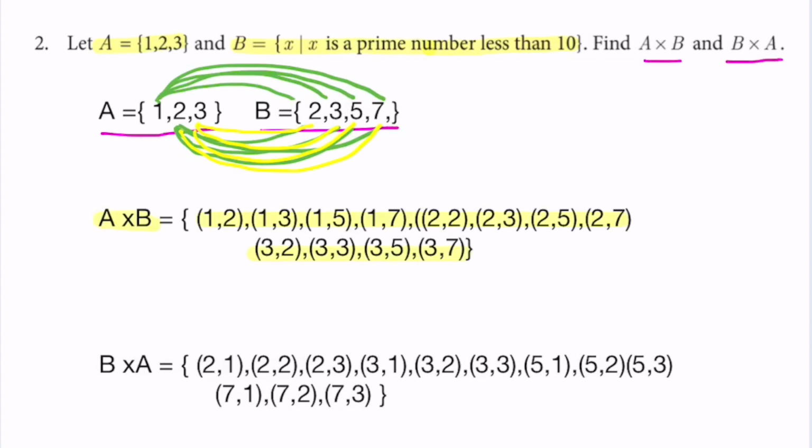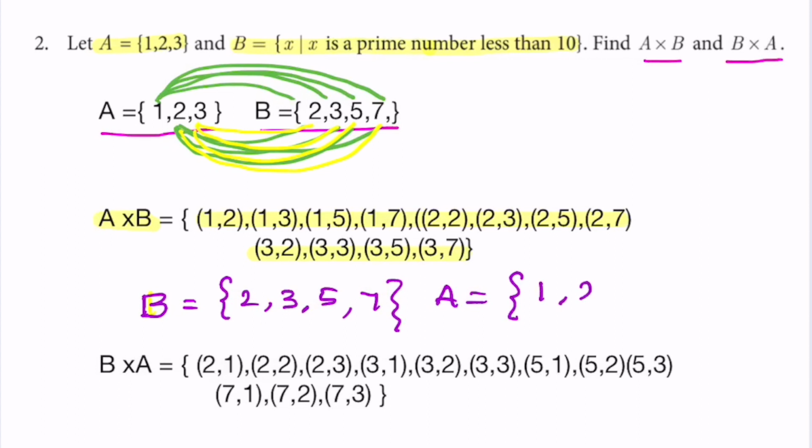Now let us find B cross A. So let us write down the set B. B is equal to 2, 3, 5 and 7. A is the set 1, 2 and 3. So now to find B cross A, let us find the ordered pairs.